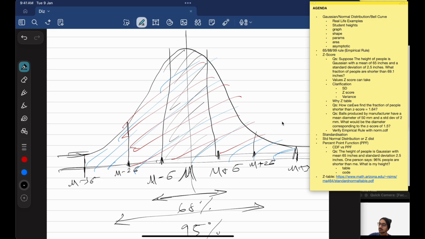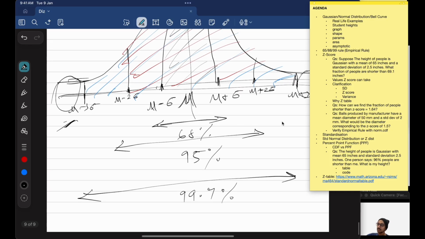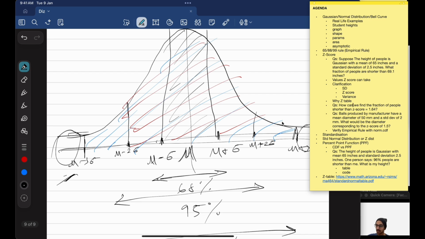And if it is beyond 3 sigma, like these areas, then it is a complete outlier. These are abnormal values. By the way, if 99.7% of data is within 3 sigma, there's 0.3% data distributed 0.15 here and 0.15 here, which is the absolute outlier data. So that's the main point of using this empirical rule.